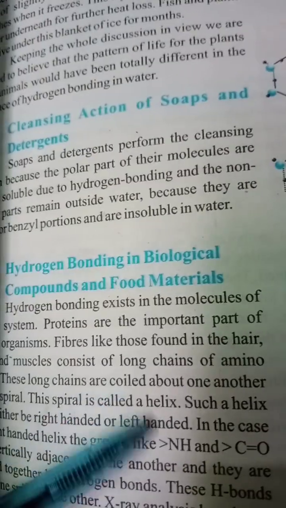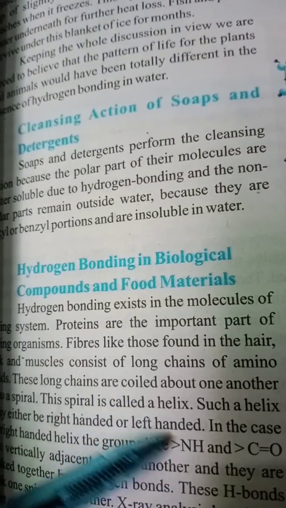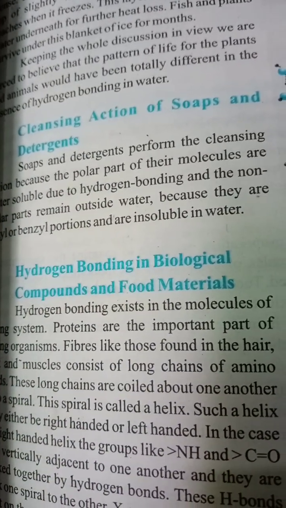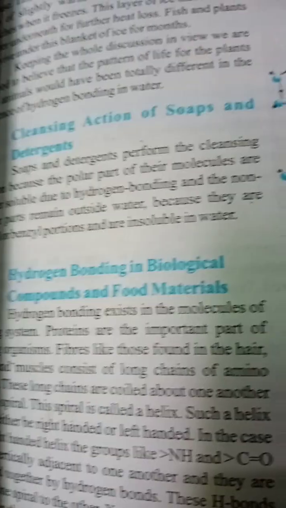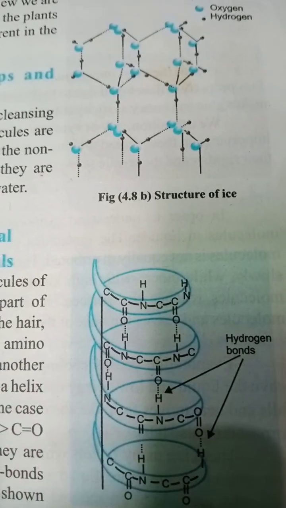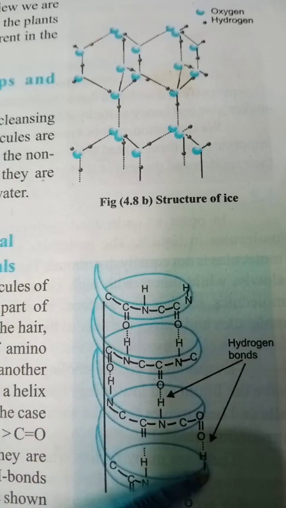As you know, this is the amine group, and this is the carboxylic group. They attach to each other with the help of hydrogen bonding. Here you can see the structure of amino acids, and here is shown the hydrogen bonding.